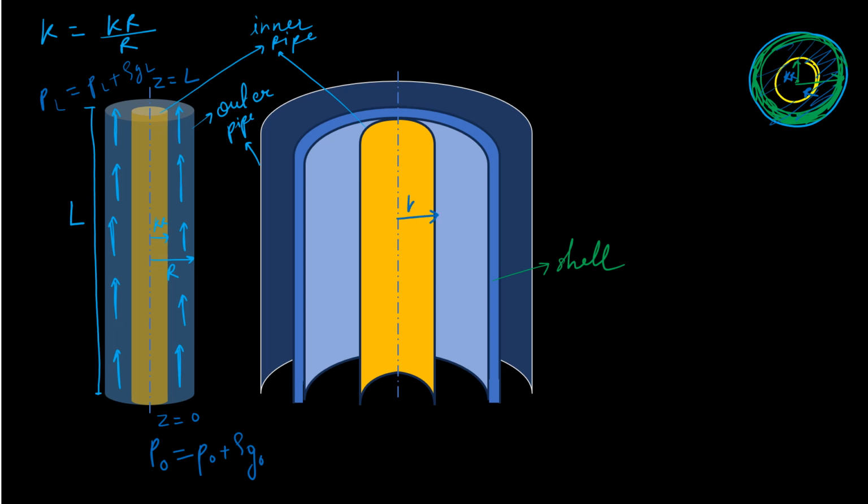Now this is kR. Considering a shell at distance r, thickness delta r, from r to r plus delta r at this shell surface.